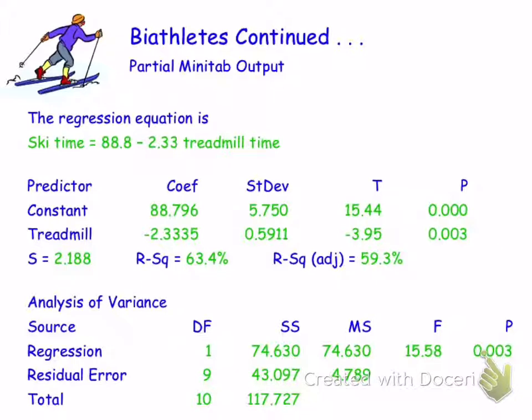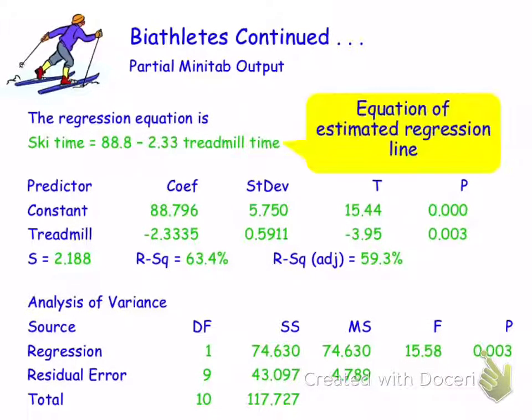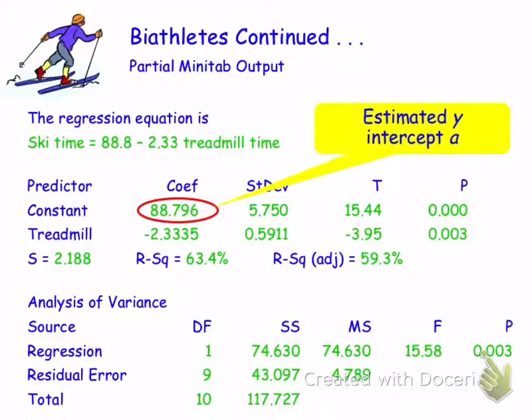All right, so what we do know so far, it gives us the regression equation at the top. Which one is my y-intercept? The constant. It gives us the equation of the estimated regression line. This is my y-intercept, so circle the 88.796.